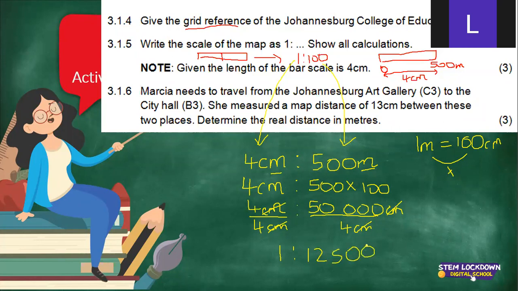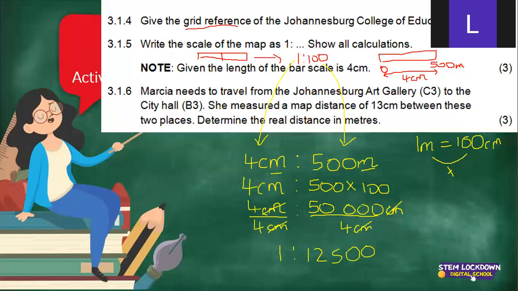Okay. Last question. This one I'll go quickly through because time is running out. The person needs to travel from the Johannesburg Art Gallery, C3, to the City Hall, B2.